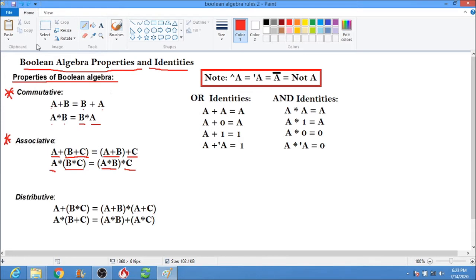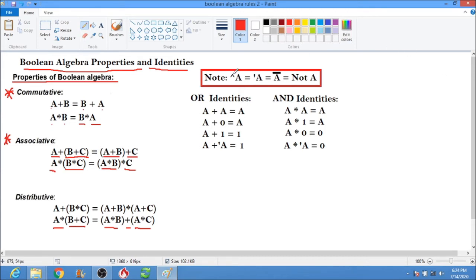The other one, A times B plus C is equal to A times B plus, in the center, A times C. So we have A times B plus C is equal to A times B plus A times C. Here is another symbol.